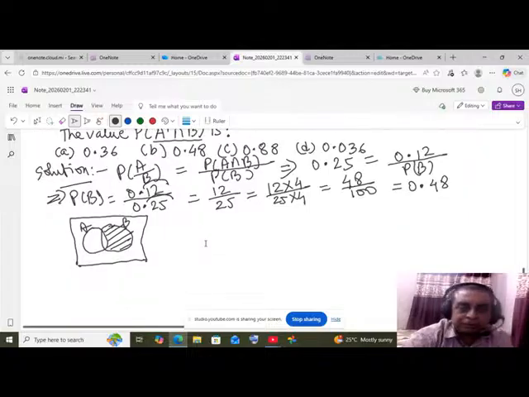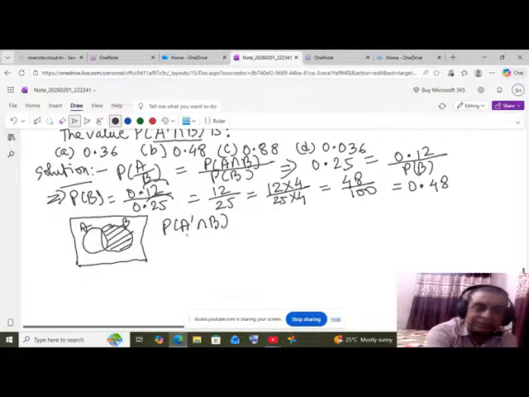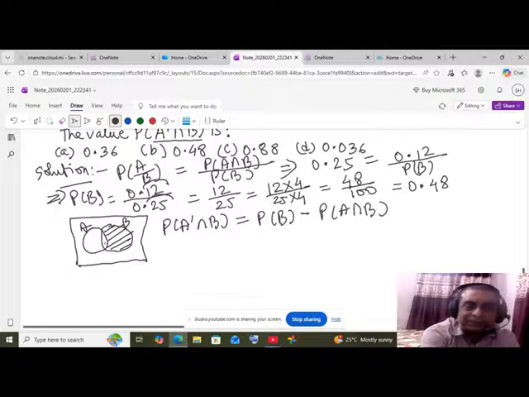So this part, the probability of A dash intersection B, is only B. This is the probability of B minus the probability of A intersection B. So from the whole B, if we subtract A intersection B, we will get what is shaded here, that is A dash intersection B, only B. Now put the values.